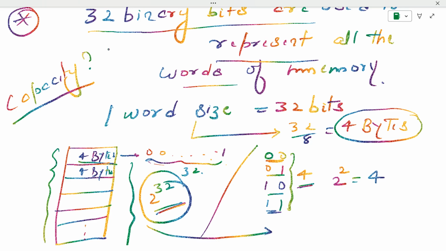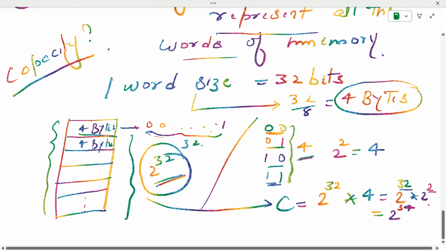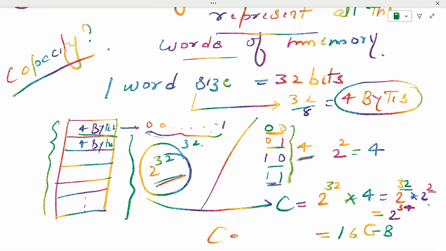Then from here we can calculate the capacity as 2 raised to the power 32 into 4 byte, that is equal to 2 raised to the power 32 into 2 raised to the power 2, that is 2 raised to the power 34, and either we can write it like this, or we can simply write it as 16 gigabyte. So our capacity of the system will be 16 gigabyte.